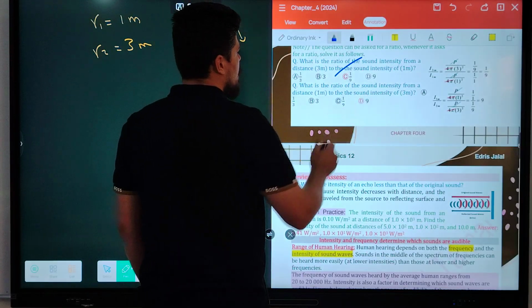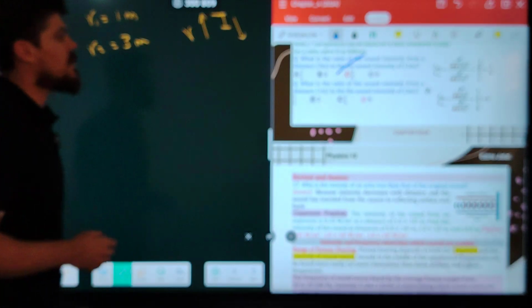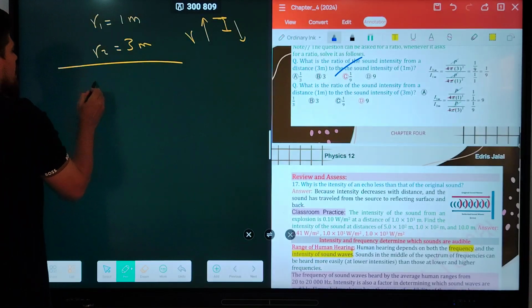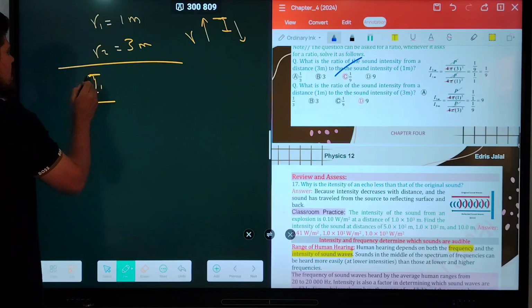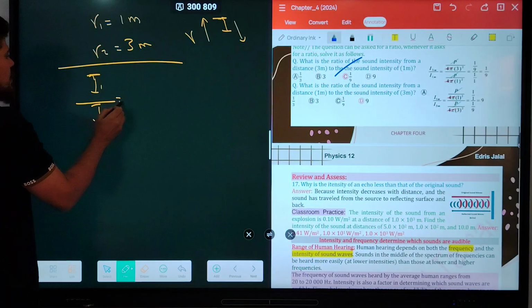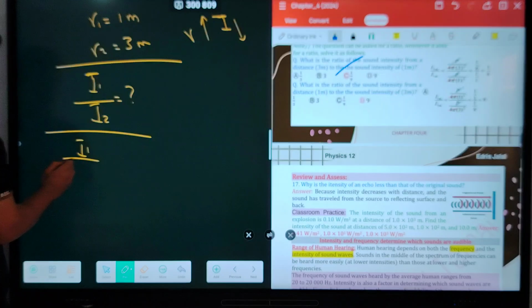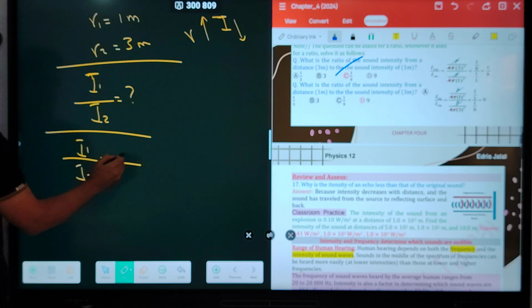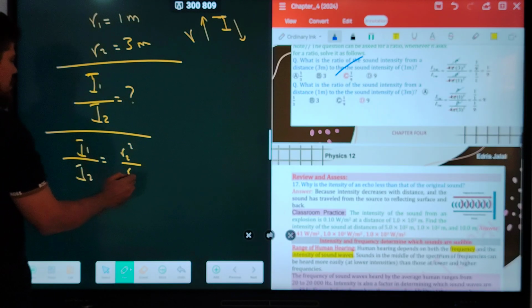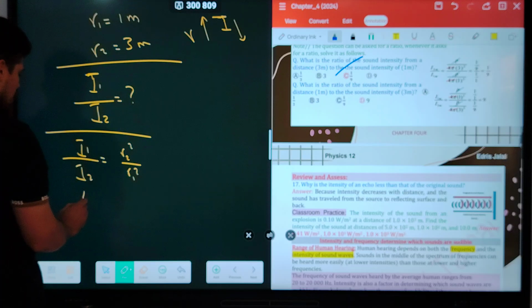What is the ratio of the sound intensity from a distance of 1 meter to the sound intensity at 3 meter? I1 over I2 is unknown. I1 over I2 is equal to R2 square over R1 square.